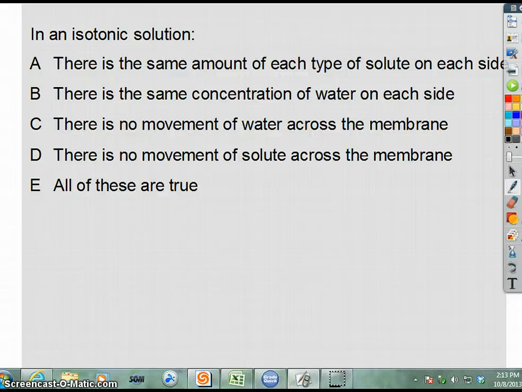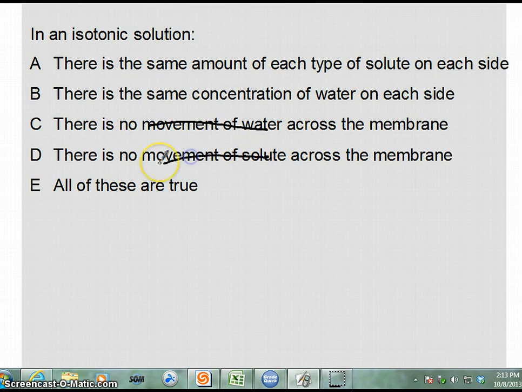I hear an E, I hear an A. I hear another A. I'll tell you straight up, there's a problem with C and D. What's the problem with C and D? Right, you would never say there's no movement of water. And we don't know if the solute can pass or not. So we wouldn't say that either, which basically eliminates E.